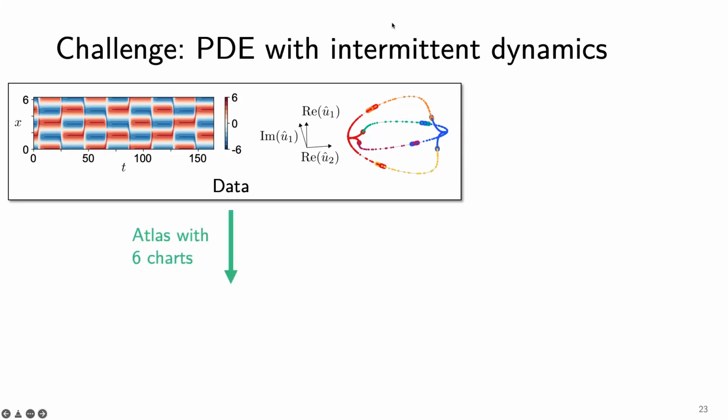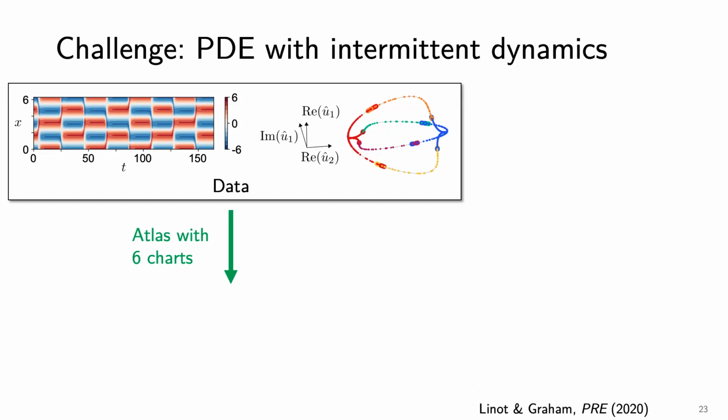So now that we've broken this up into 6 patches, we then follow our procedure to learn an atlas with 6 charts. And I should also mention that for the dimension reduction step, we use these special autoencoders that combine principal components analysis together with neural networks from this paper in PRE by Linot and Graham.